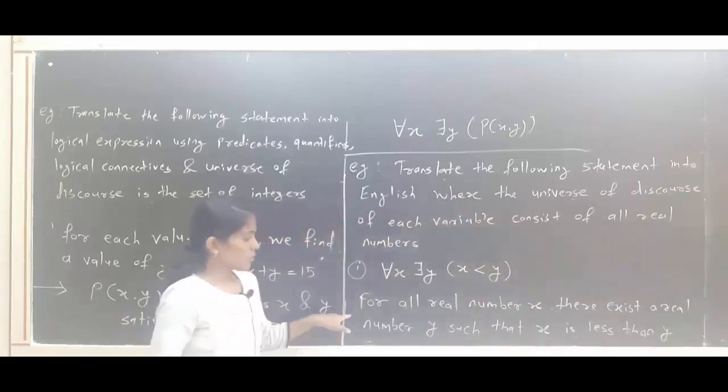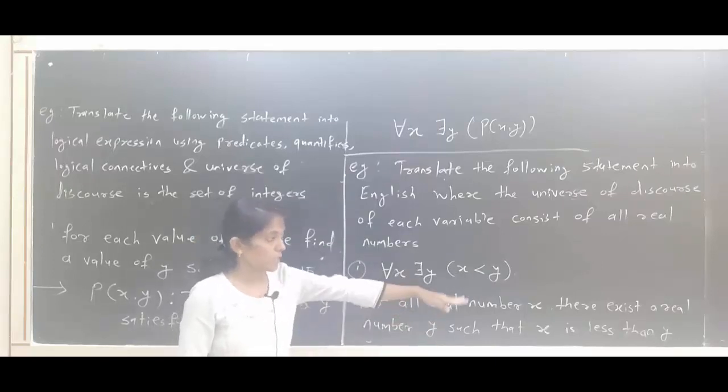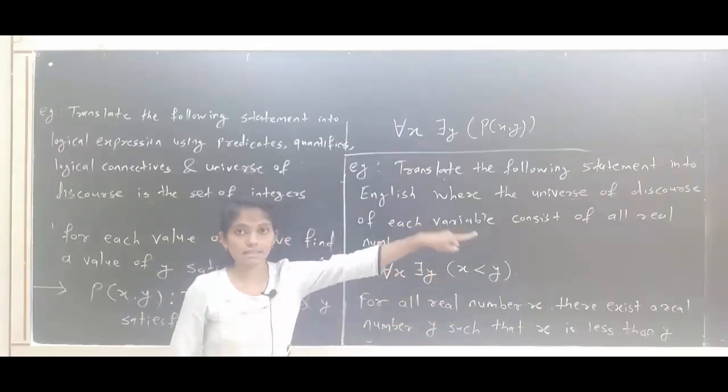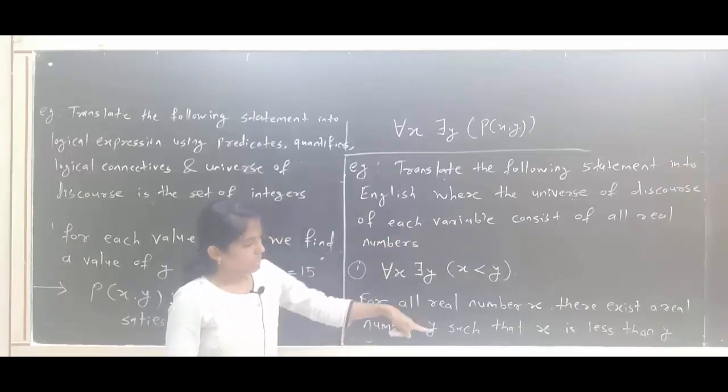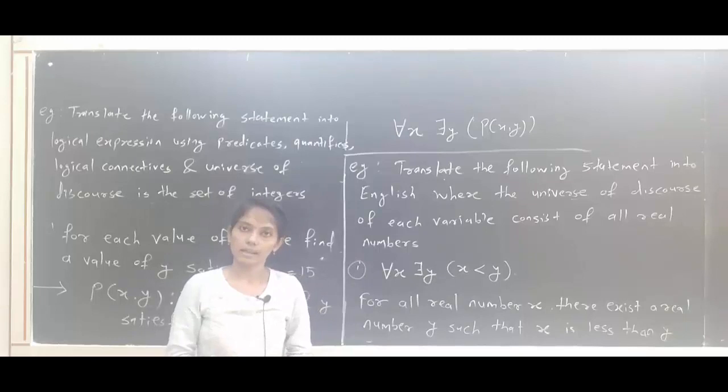Get it this? For all real numbers x, or for every real number x, there exists a real number y such that x is less than y. Get it this?